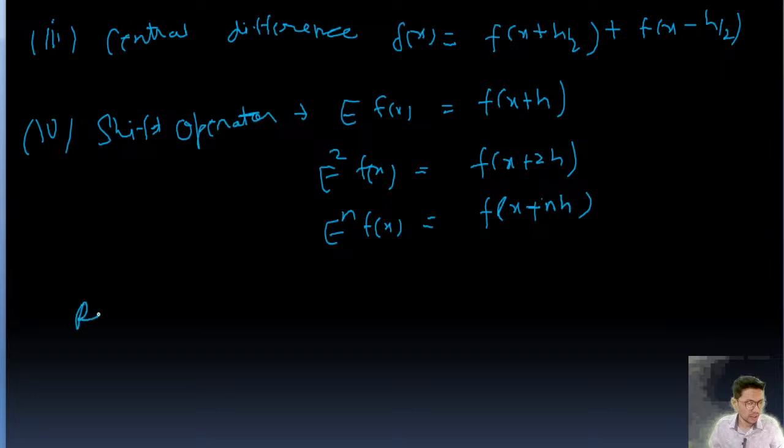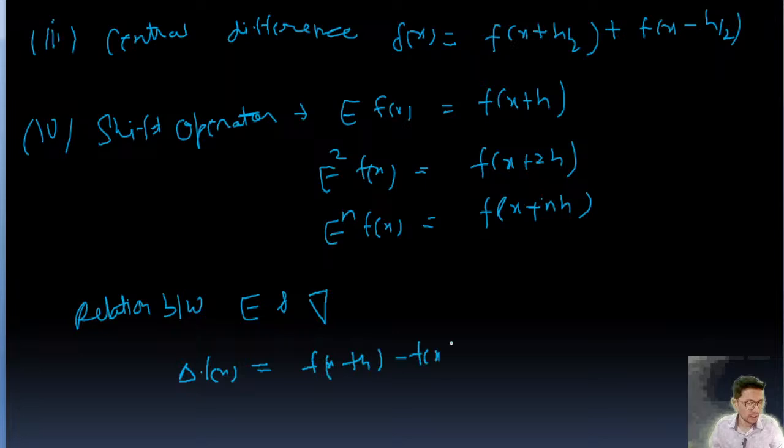Now the relation between E and delta: shift operator and forward difference delta, or backward difference delta. We know here that delta f(x) is equal to f(x plus h) minus f(x).